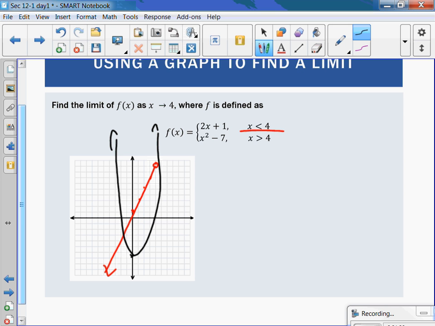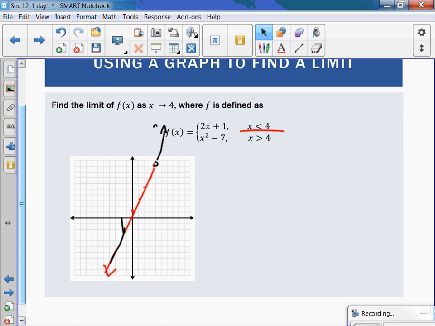So we have something like this. This is part of my parabola. Not a straight line, it still has a little hook to it. So it's attached to the red line?